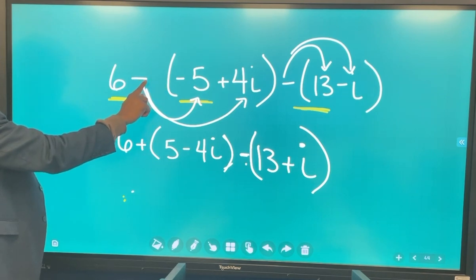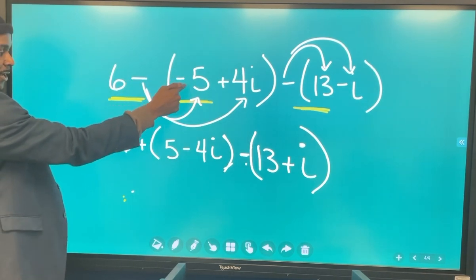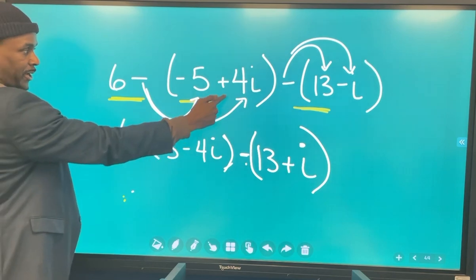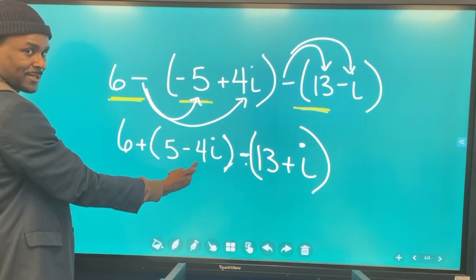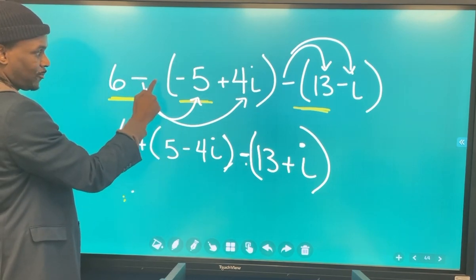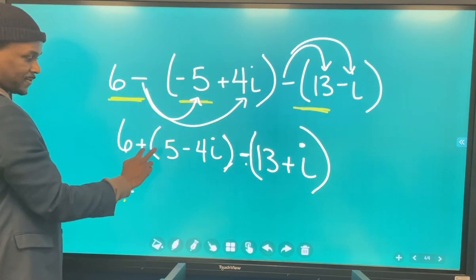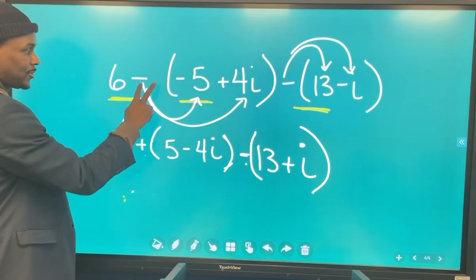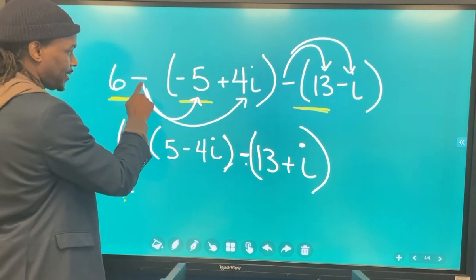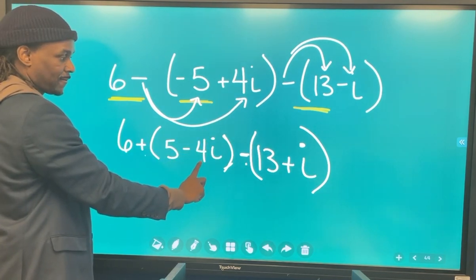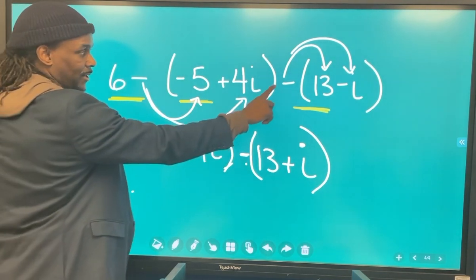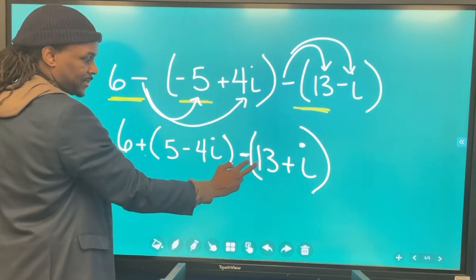Negative 1 and negative 5 gave you a positive. Negative 1 and positive 4i made this negative 4i. Negative 1 times negative 5 made it positive. You distributed. Then the negative 1 times positive 4i turns into the negative 4i. Then the negative 1 times 13 is negative 13.